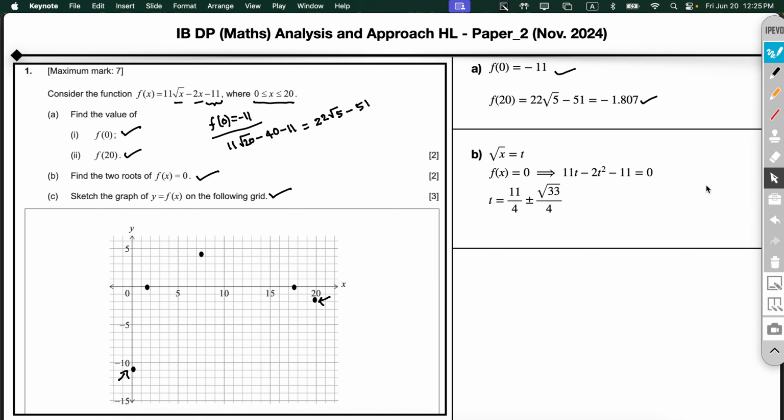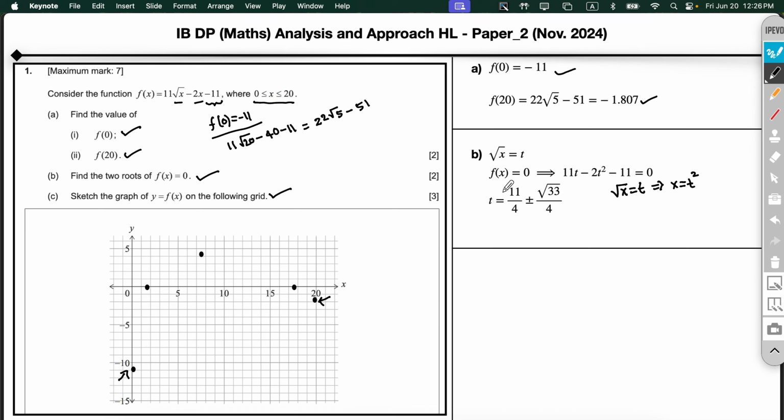If you solve this quadratic equation, you get 11 over 4 plus or minus square root 33 divided by 4.